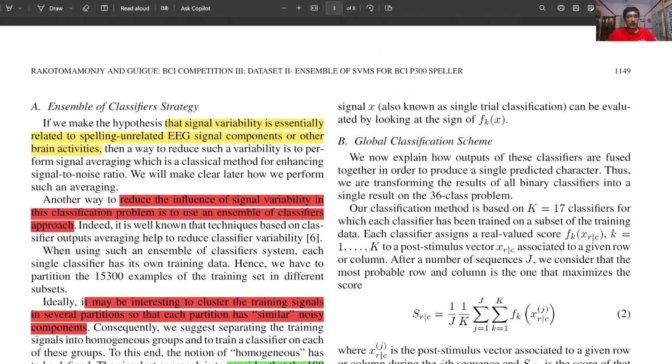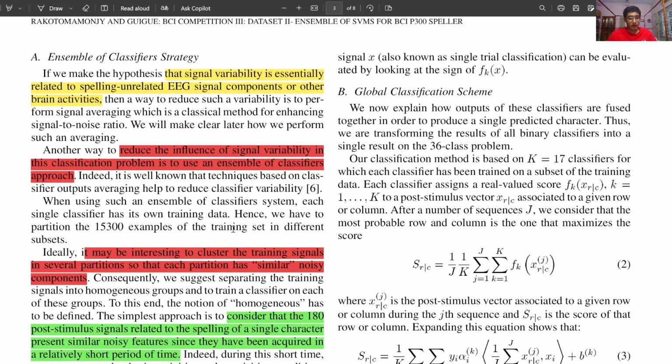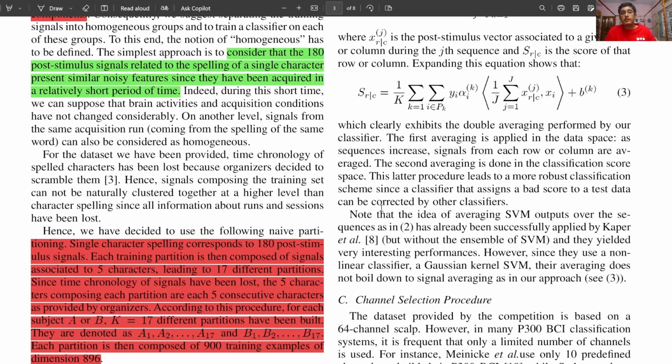From there they have trained 17 different linear SVM models, and after training they have passed the testing data into the 17 different classifiers, and they have added up the results in such a way that it retains the probability value, and it's not just the prediction 1 or 0, and that has had a significant effect in them beating the competition.